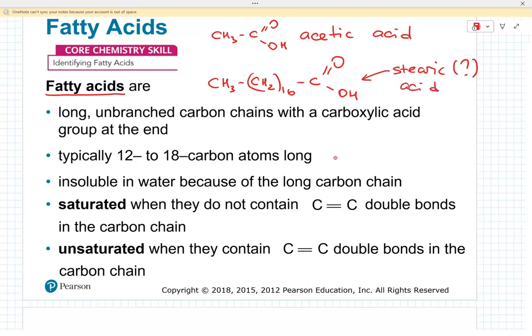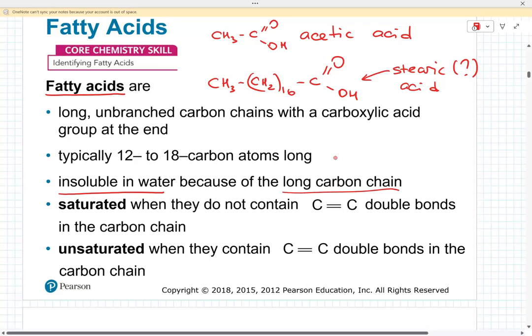Because the carbon chain is so long, these acids aren't soluble in water. And as we mentioned before, when all bonds between carbons are single bonds, it is a saturated fatty acid.